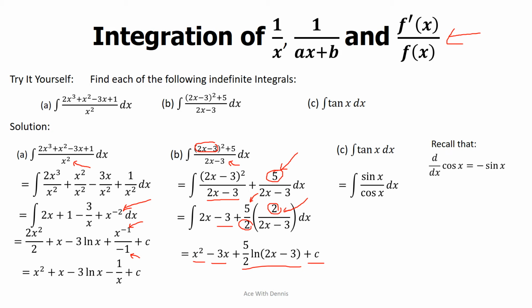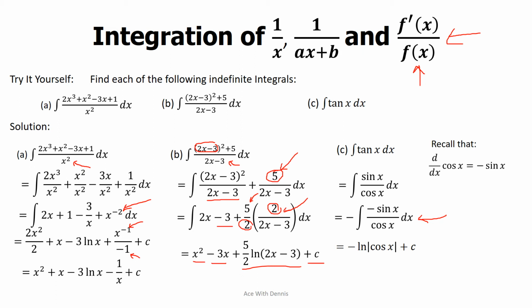Recall that differentiation of cosine x equals negative sine x. Hence, we can rewrite the expression which becomes negative integration of negative sine x over cosine x dx, so that it is in the form of f prime x over f x. Now, we can say that it equals negative ln |cosine x| plus c.